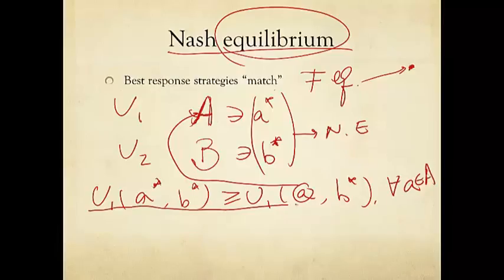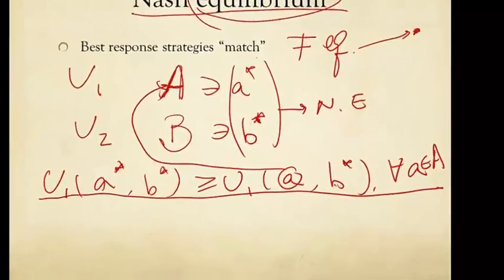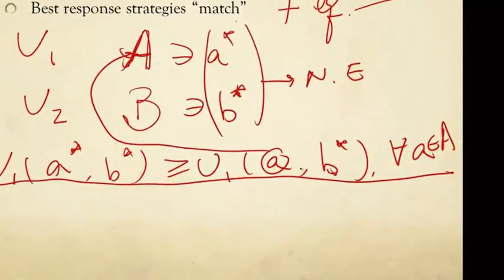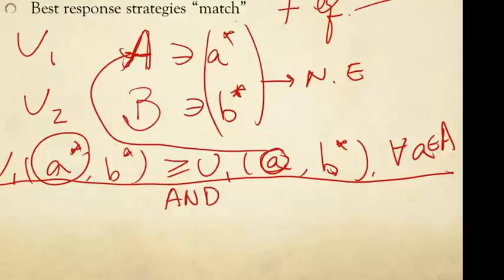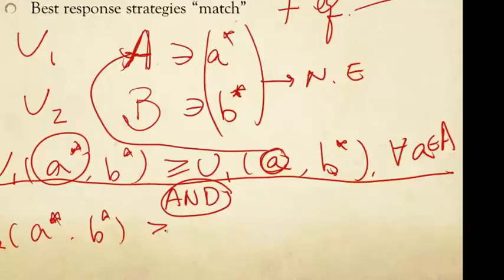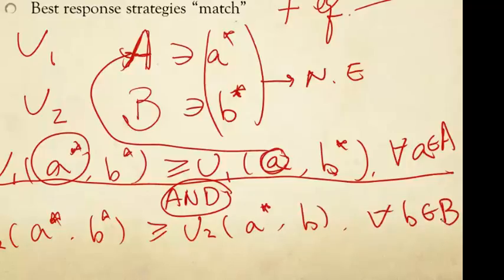This simply says that, hey, if the other player doesn't move away from B star, I have no incentive to move away from A star. And that's the keyword. And at the same time, the other user feels the same way. User 2, at this A star, B star, has utility no smaller than the utility for user 2 if A star remains there and B is free to be chosen anywhere in the set.